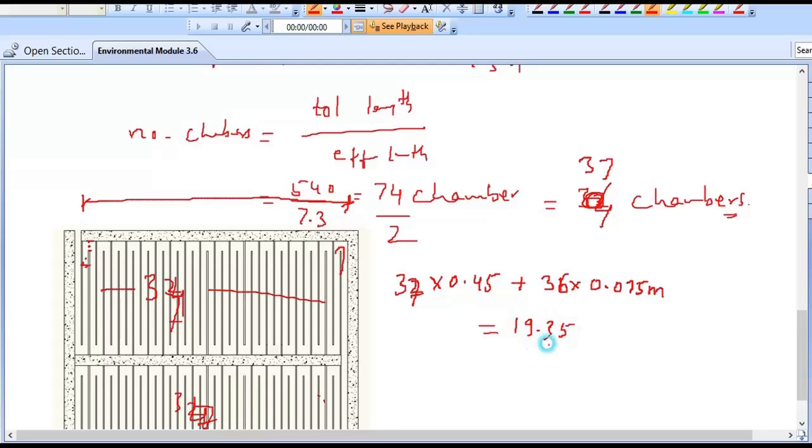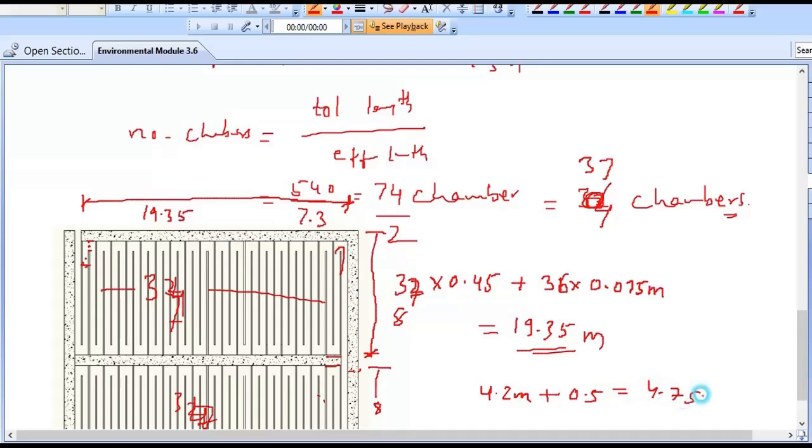Now you got the total overall length, it is 19.35. Then this length is 8 meter, it is already given. Then you can have the concrete wall here, then this again 8 meter, and the height is 4.2 meter. You can give a freeboard of 0.5 meter so that it becomes 4.75 meter. Okay, problem solved.